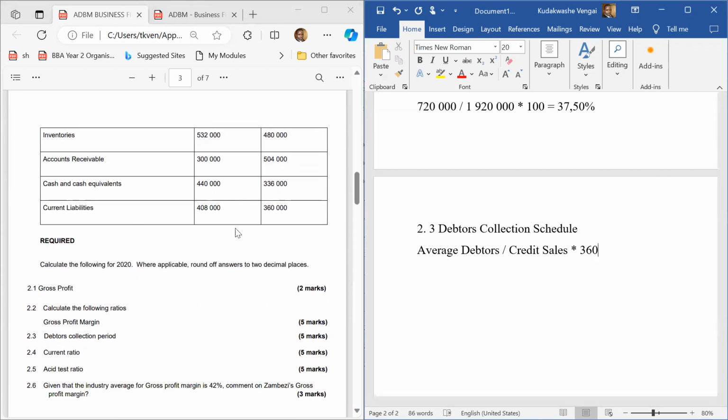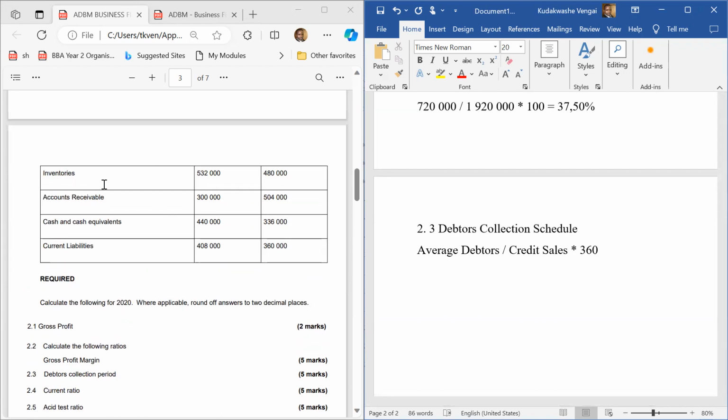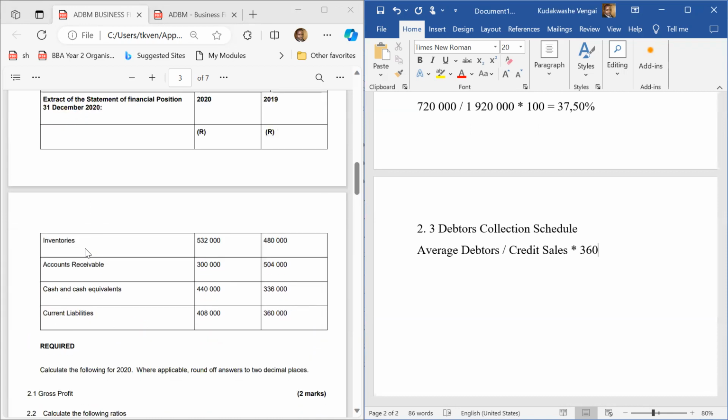Let's see. I don't like using this formula at all. But anyway, where are our debtors? Receivables. There we are. If we're using the averages formula, the first thing we need to do is calculate the average debtors, or the average receivables.